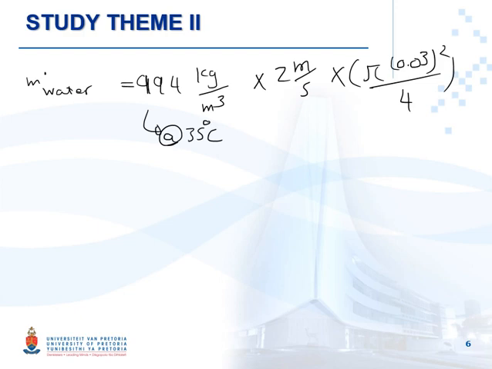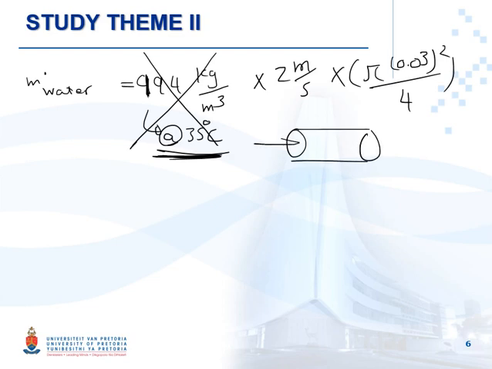now we have found the m dot, but there is something wrong here. Why? That's the reason I told you we jumped a little bit early into the conclusion. We read it at 35 degrees, but now we are talking about a tube where water comes in at 25 degrees and goes out at 35 degrees. What's the right temperature for this system when we are reading any kind of property?